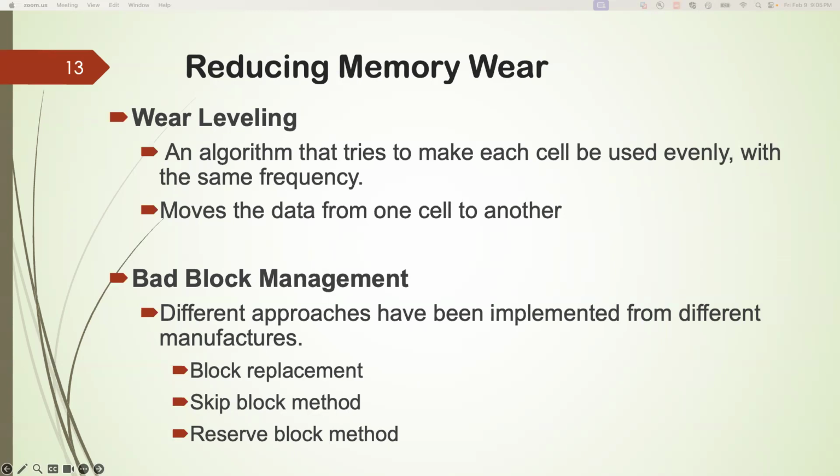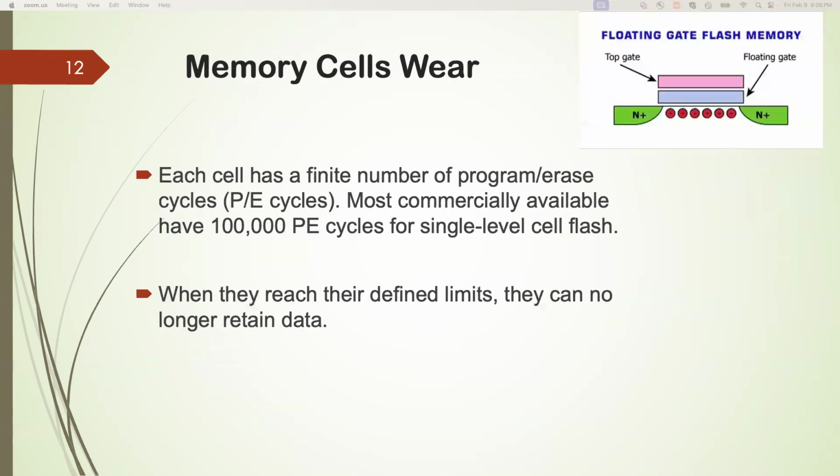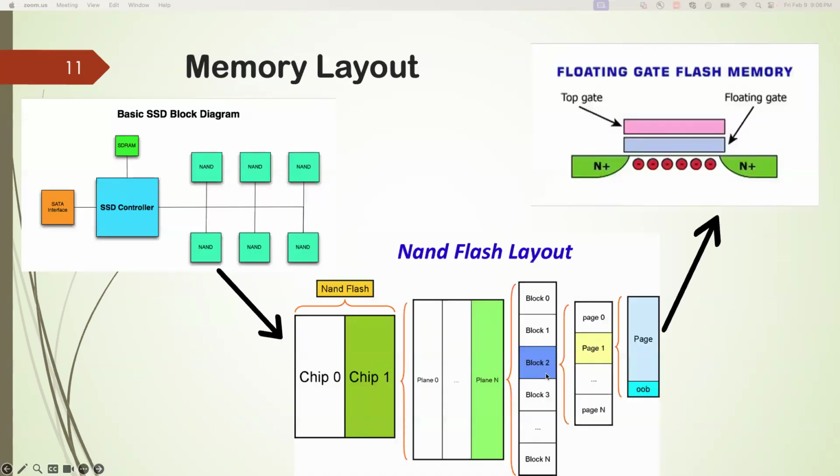Now, if for some reason you run out of these reserve blocks as well, and there are no more healthy blocks you can use, then if any block dies in those circumstances, the hard disk will simply mark those blocks as bad blocks, or bad sectors in HDDs, and then try to avoid writing data in those bad blocks or bad sectors.